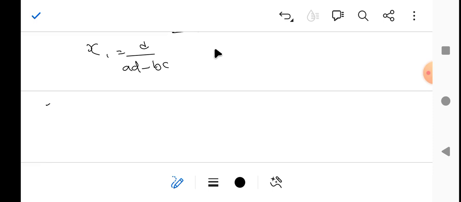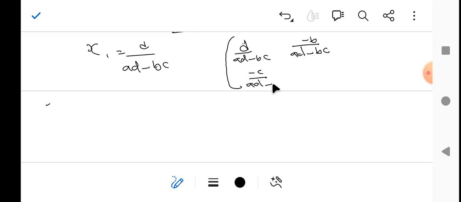So bringing all of them together, you're going to have D over here, all over AD minus BC. Similarly, for this other one, I'm going to have minus B all over AD minus BC. Then for this other one, minus C all over AD minus BC. Then for this one, D all over AD minus BC.